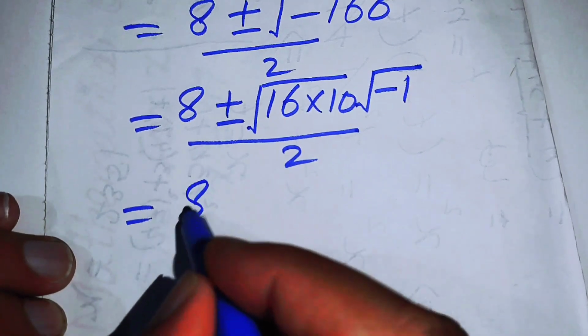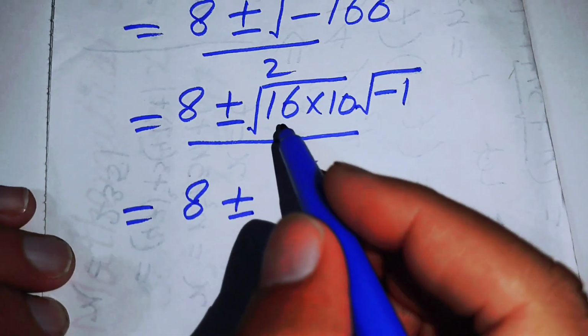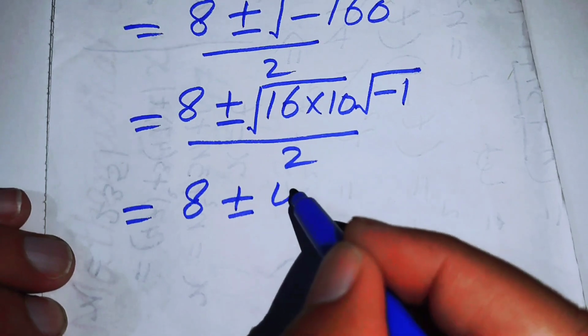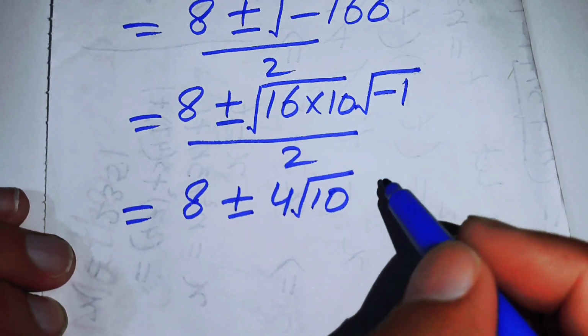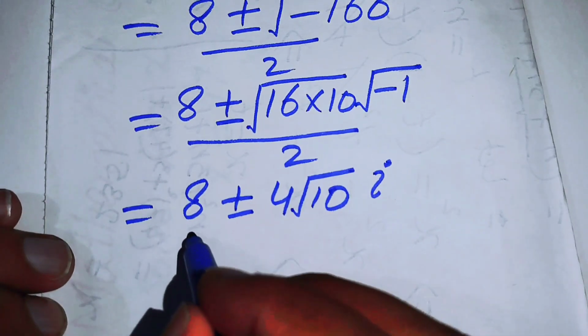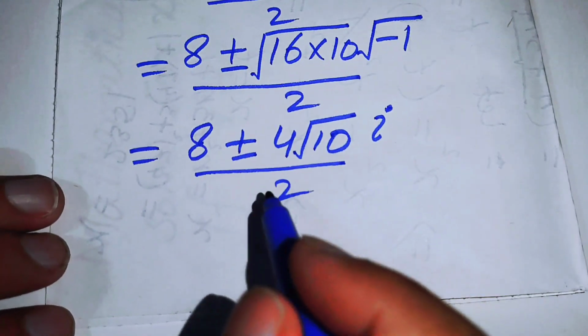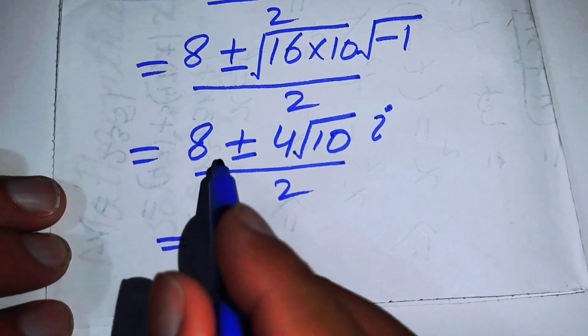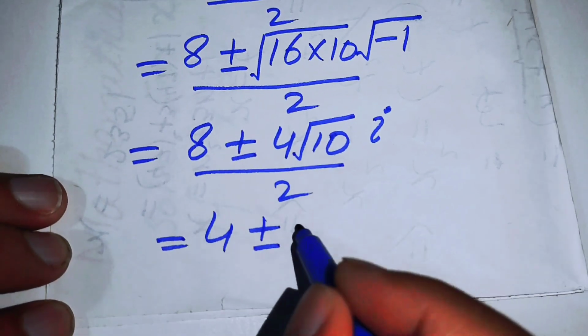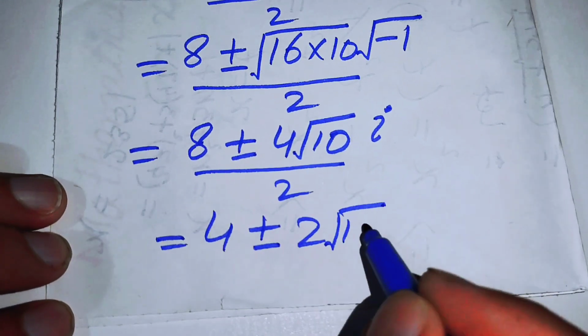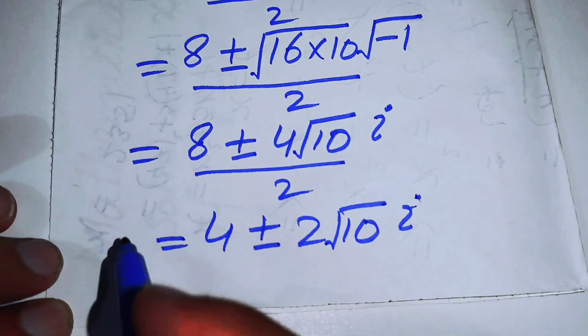So finally you get 8 plus minus, you have the square root of 16, which is equal to 4, times square root of 10, and square root of minus 1 is equal to iota, over 2. And now when we simplify these values, you will get 4 plus minus 2 times square root of 10 into iota.